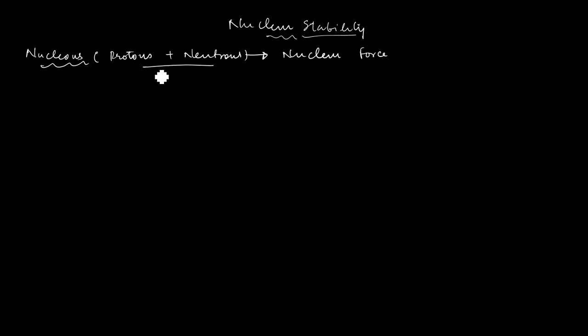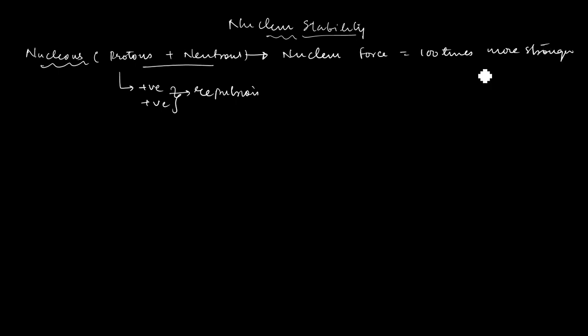Now even though the protons have positive charge, there will be electrostatic force of repulsion, but we know this nuclear force is 100 times stronger than the electrostatic force of repulsion.